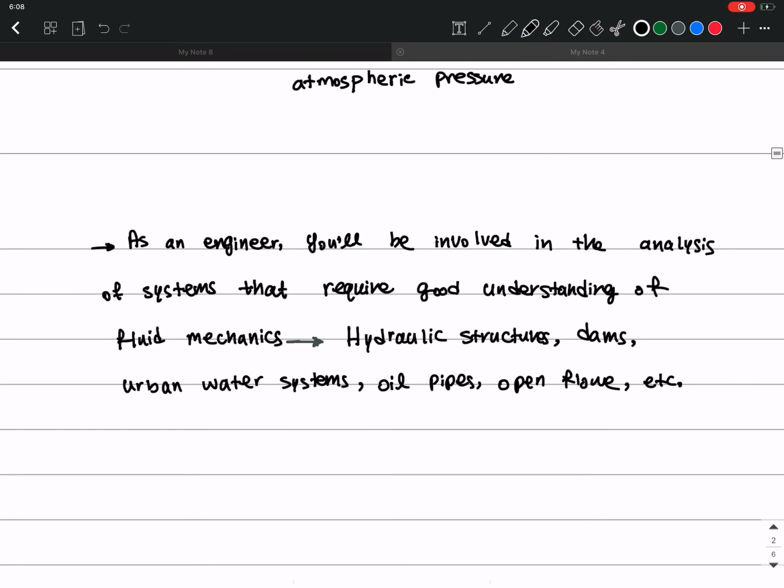So now I want to give a broad question about the difference between fluids and solids. Okay. So the question I have is, what is the difference between a solid and a fluid?